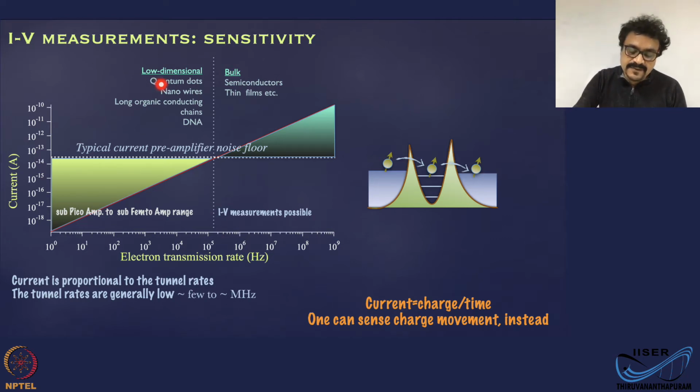For example, many low-dimensional systems such as nanowires, quantum dots, long organic conducting polymers, DNA, many of these actually fall in this regime where electrical transport measurement using conventional IV characterization is almost impossible. Whereas here, the transmission rate for electrons is higher and you can measure current through the system with the conventional current voltage characterization.